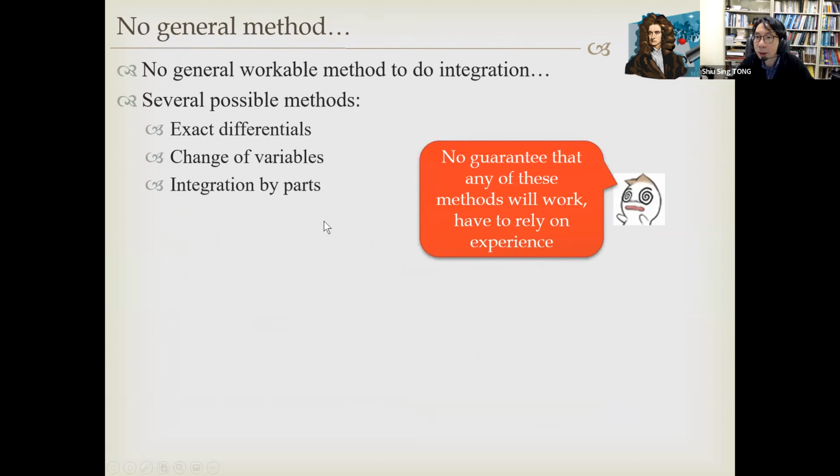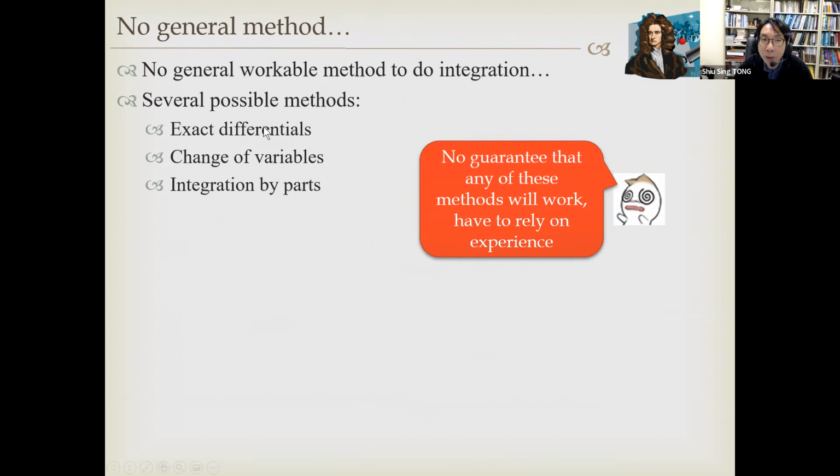Now, integration is not the same as differentiation. For differentiation, no matter how complicated the function is, you can always do the differentiation by repeatedly applying the chain rule, the product rule, the quotient rule, etc. You can differentiate whatever complicated function. But integration is not like this.